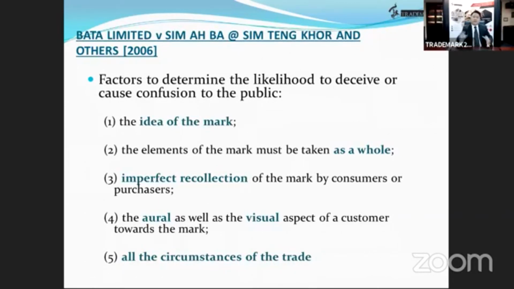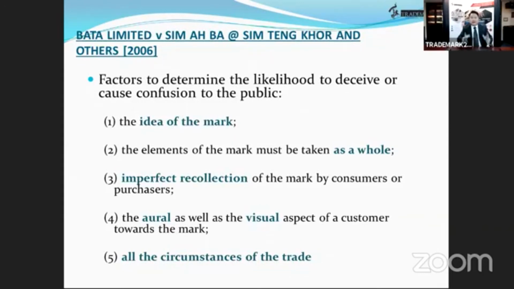So what's imperfect recollection? Let me explain. Imperfect recollection means, when you look at A's products and you really recognize A's brand, A's trademarks, and when you look at B's trademark, in that moment of your memory, would you relate B to A?